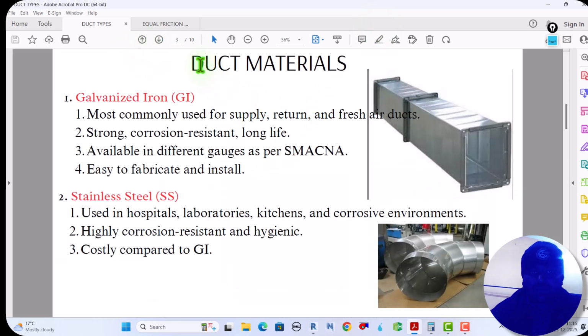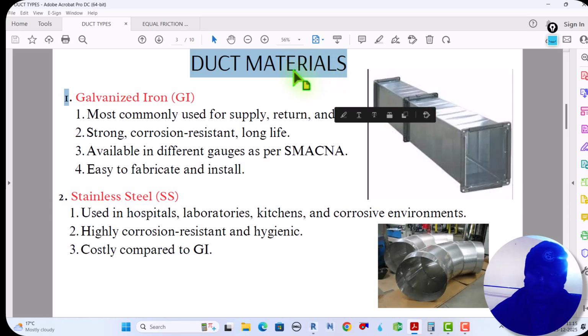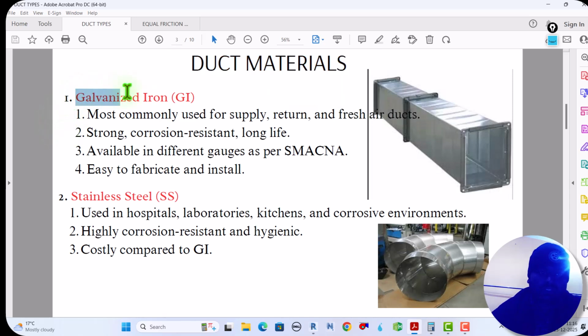The material is also important from the perspective of use. The most commonly used is galvanized iron, and we can use this duct for supply, return and fresh, all 3 types of air.